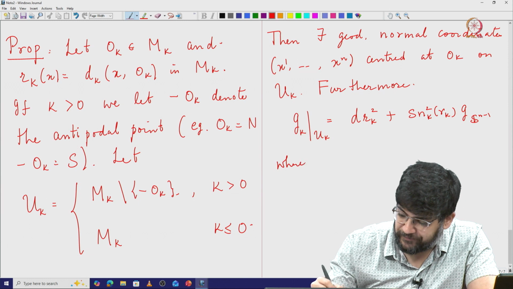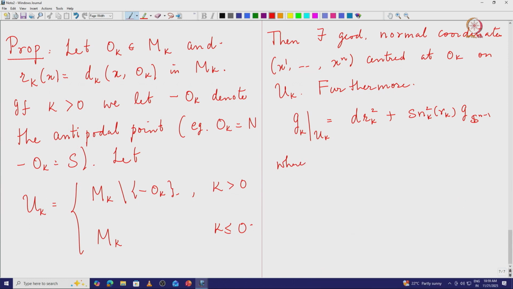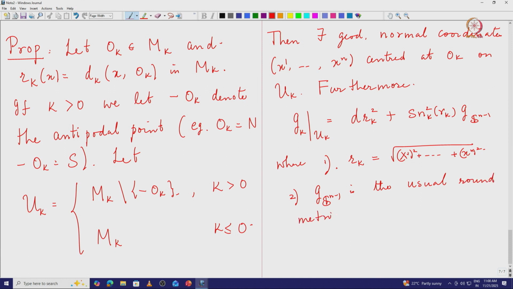So, where R kappa is the distance from O kappa, but in terms of these normal coordinates is basically just the Euclidean distance, and g of S^(n-1) is the usual round metric on the unit sphere in these coordinates.